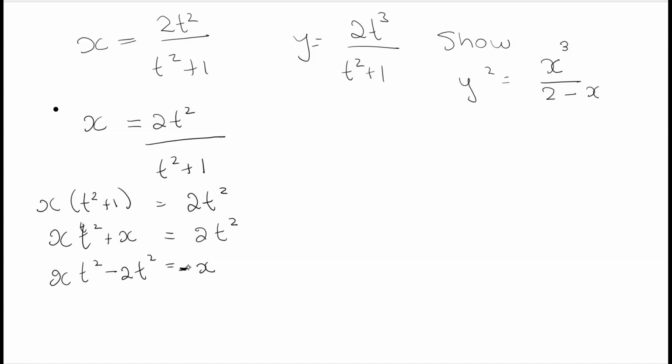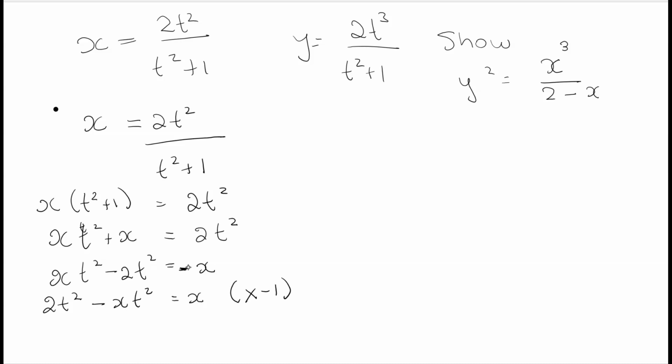So if we multiply everything by -1, then we've got x equals 2t squared minus xt squared. Now I've just multiplied every single term by -1.